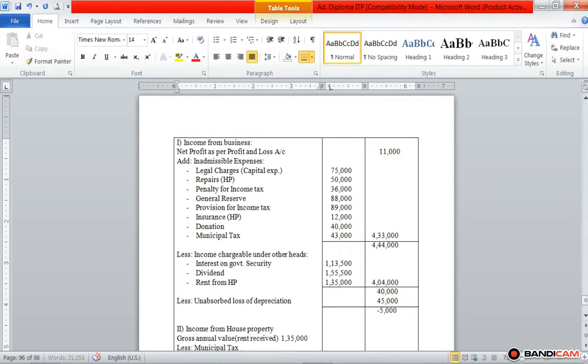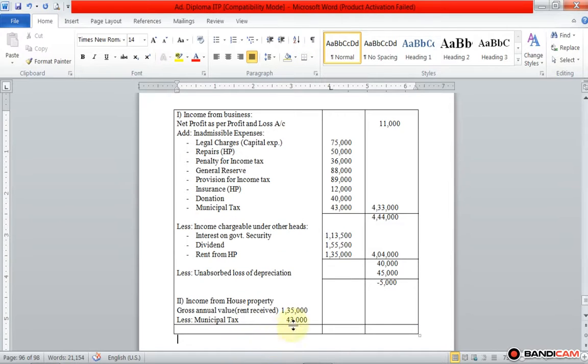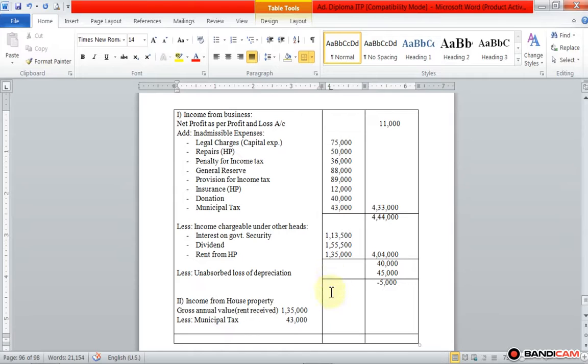So deduct the 43,000 from rent. We get the annual value, 1,35,000 minus 43,000, amounting to rupees 92,000.